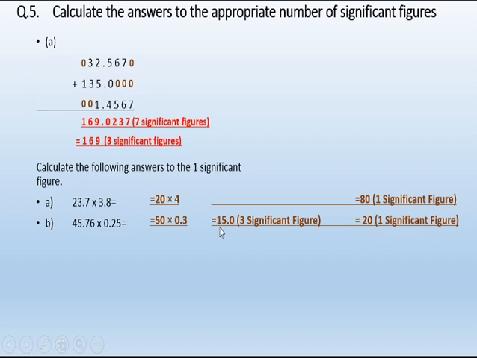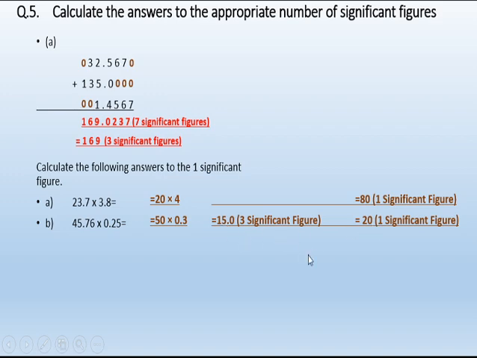Whenever the digit we are dropping is 5 or more, we add 1 to the 1, so it becomes 2, and we place 0 in place of that digit.